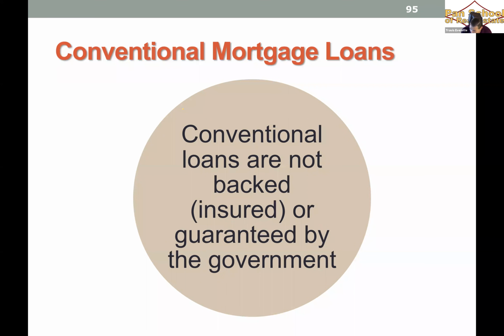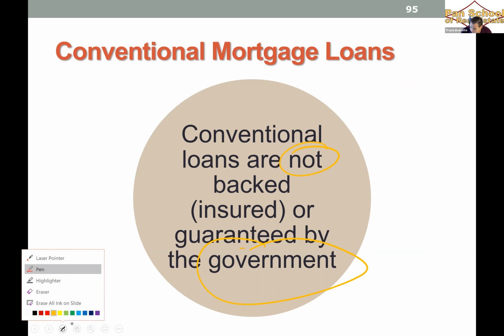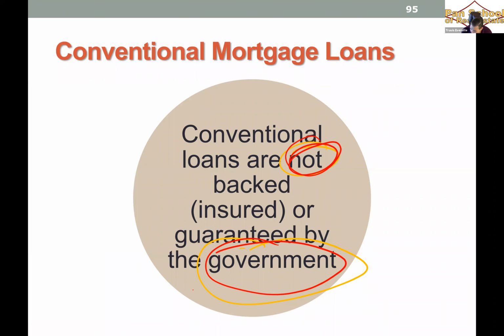So conventional loans are not backed or insured or guaranteed in any way by the government. No government. That's how you know it's a conventional loan. If there is no government involvement, then they're conventional loans. The other type, guess what we call the other loans, by the way?